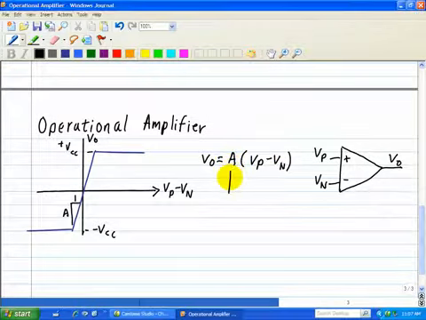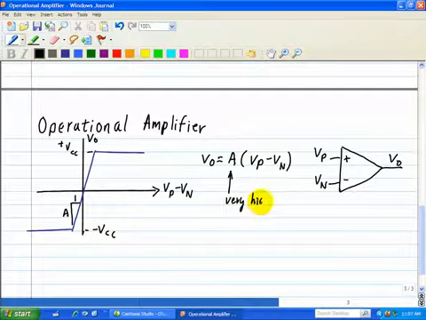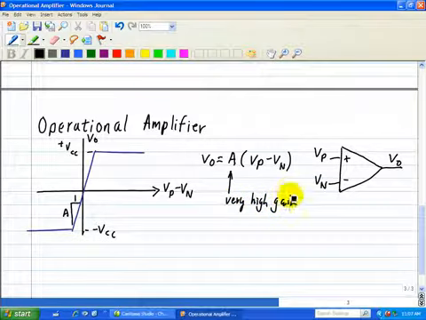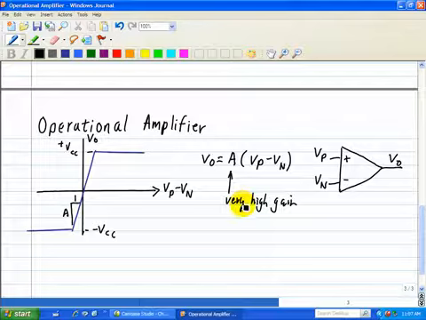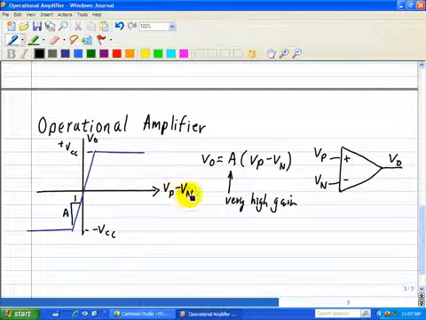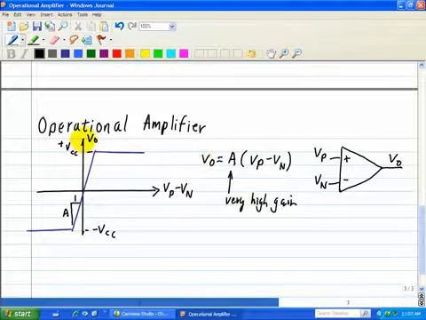So this is a very high gain, upward of somewhere around 10 to the 6, a million. In fact, you can draw the characteristics associated with this in terms of a graph, where our input is the difference between Vp and Vn, and our output is the result right here.